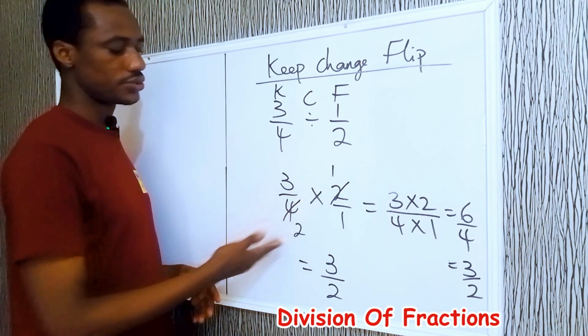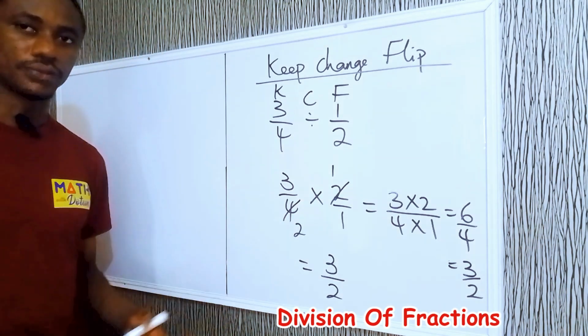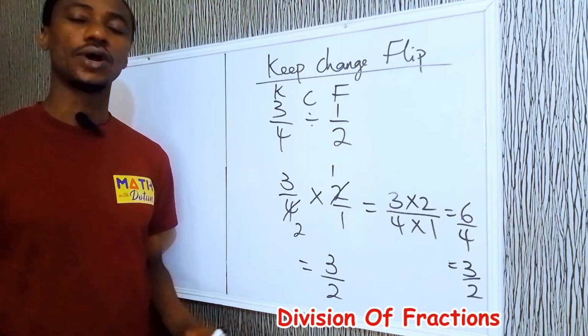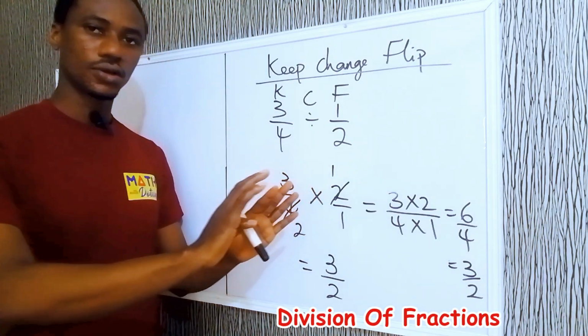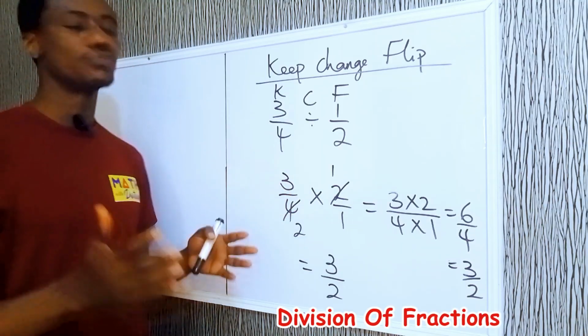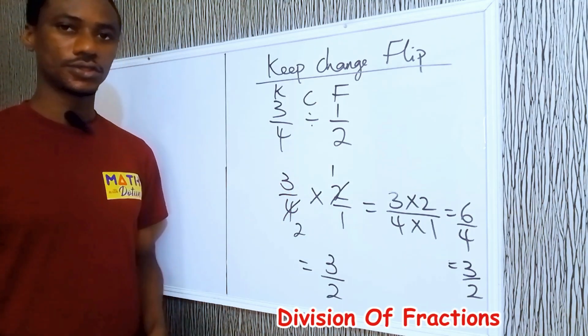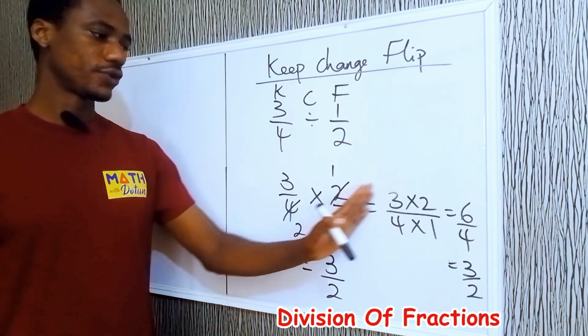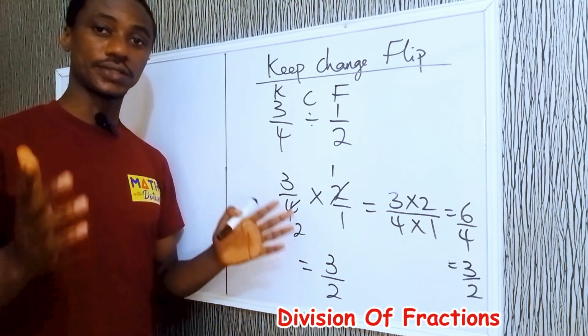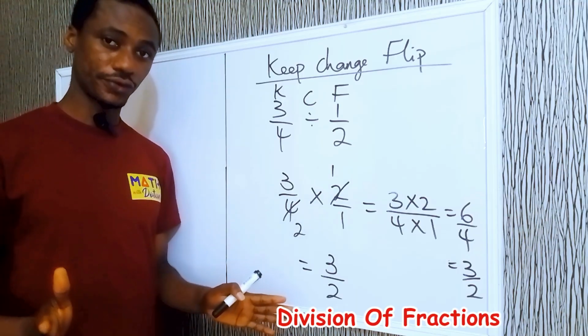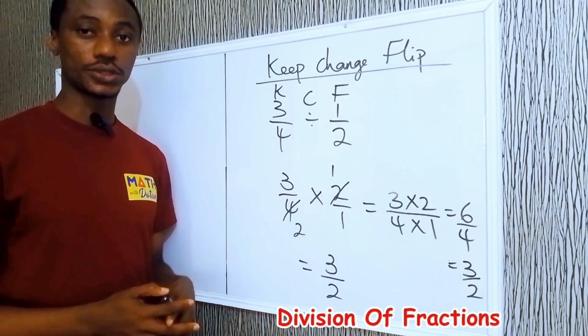You just use that to reduce them, and then you can have your answer in the simplest form, instead of first combining them and then later trying to reduce again. So you save yourself the stress of multiplying first before dividing. But whichever method is comfortable for you, that's what you should go with. Right?